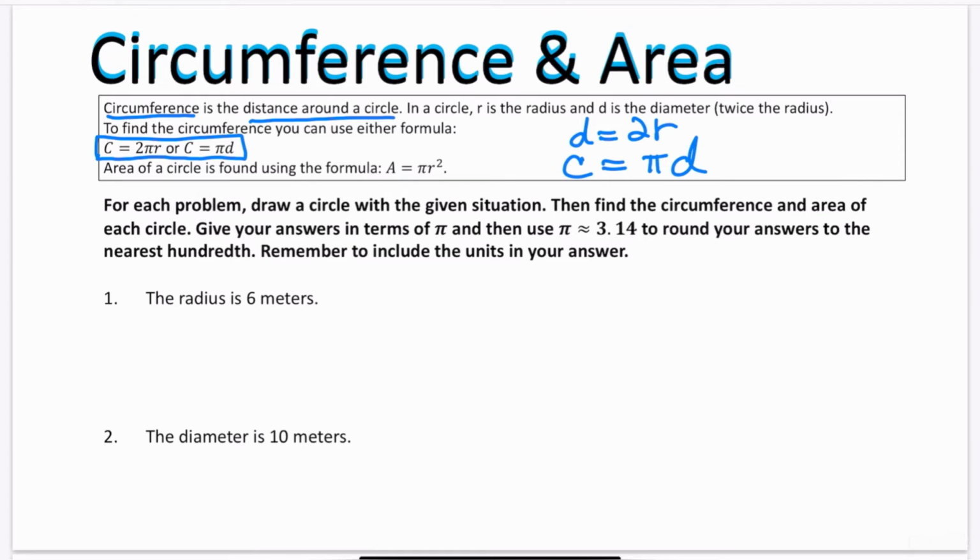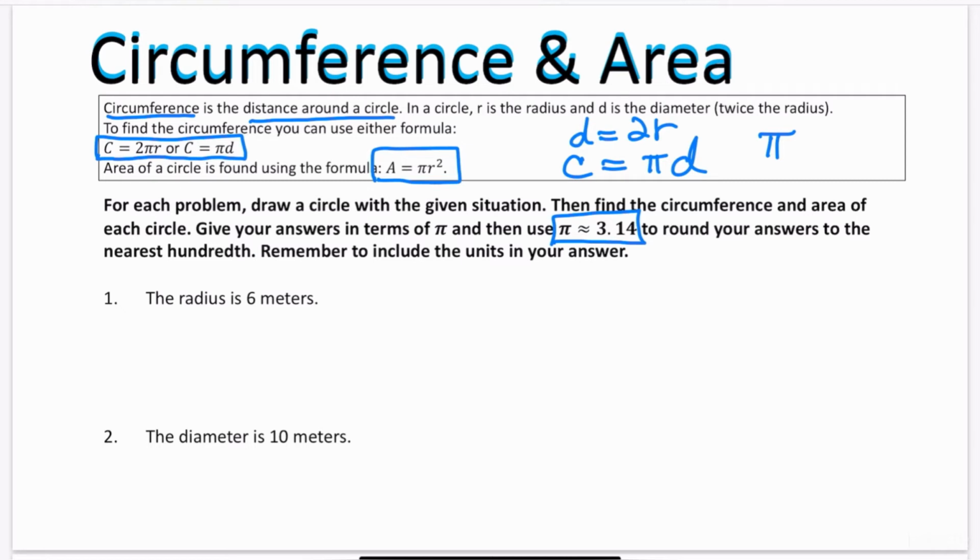And then to find the area of the circle, we're going to use the formula area is equal to pi r squared. Now, pi is an irrational number. An irrational number is a decimal that continues forever. Pi is approximately 3.14, but that's an approximation. So pi is actually an irrational number that continues forever.